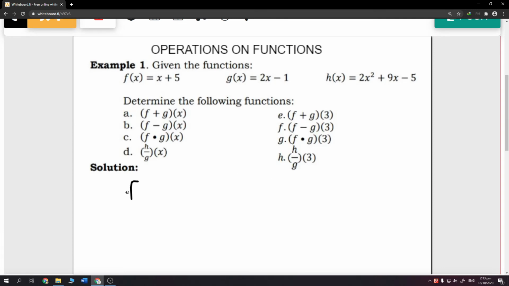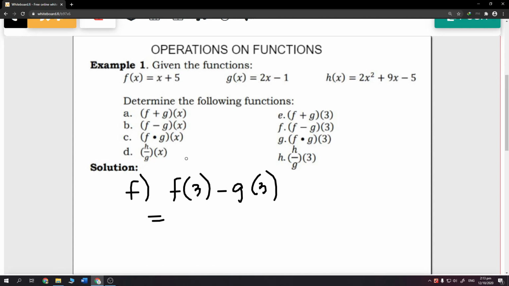Okay, so letter F, we have here f of 3. So we have to use f of 3 minus g of 3. Okay, so our function of x is x plus 5.